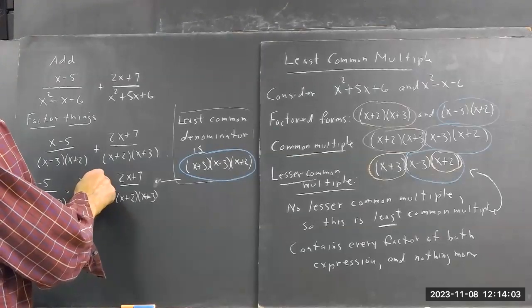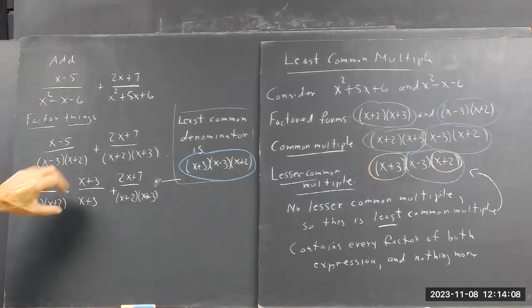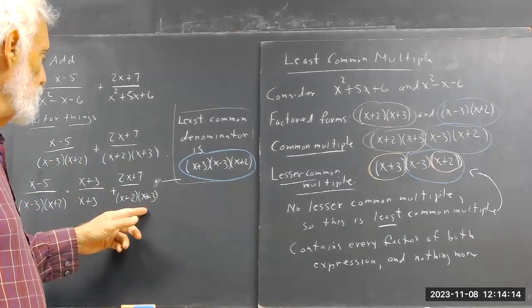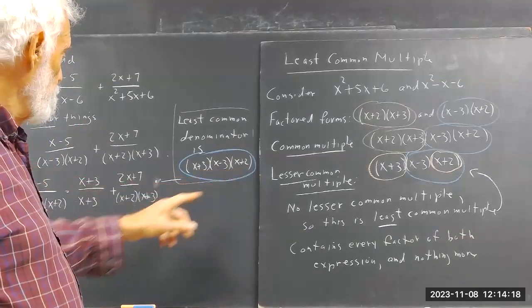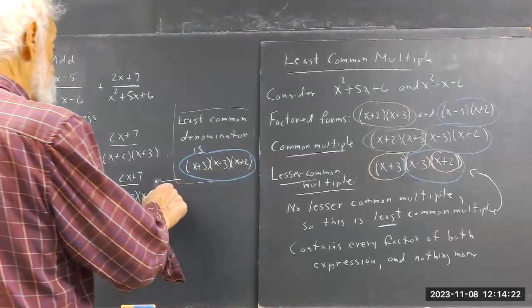And of course, everybody that's here knows that it's got to be x plus 3 over x plus 3. And then x plus 2 times x plus 3. What's missing? Well, we got the x plus 2, we got the x plus 3, we don't have the x minus 3, so we need the x minus 3.